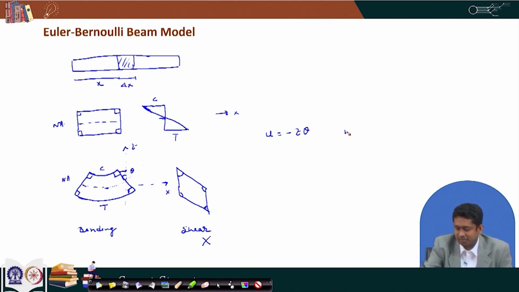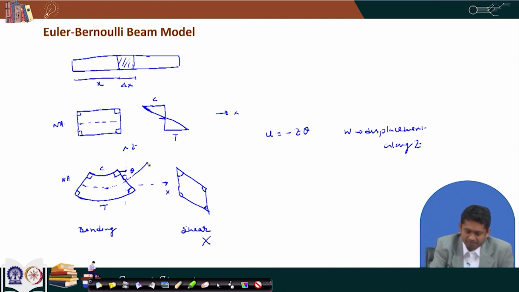So, if I say that w is my displacement along z, and then if I draw a tangent to this curve, and if I look at the slope here, that slope is just del w by del x, because this curve is nothing but the w curve, it is signifying displacement along the z direction, and then if I take a tangent and measure the slope, that is del w by del x.